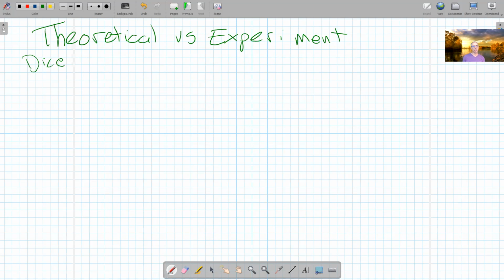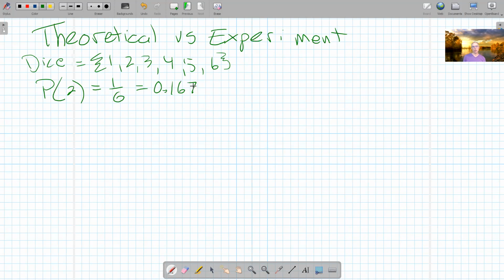Dice has a sample space that is a 1 or a 2 or a 3 or a 4 or a 5 or a 6. And if I asked you what's the probability that someone rolls a 2, you would say, oh, it's 1 out of 6, which is about 16%. Around 3 decimal places, it would be 0.167, 16.7%-ish. I just rounded there. And if I said, what's the probability of getting a 3, you would say, yeah, it's 1/6. So we have this theory about what should happen.